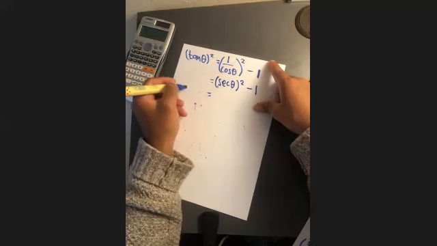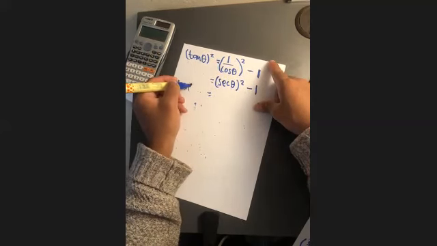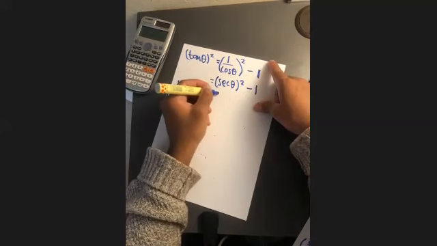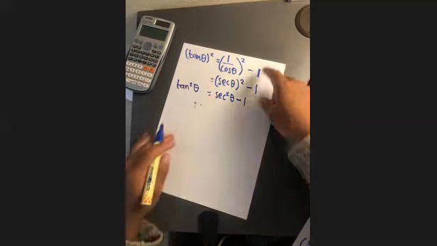And then we know that if you remove the brackets, the tan squared of theta is equal to the sec squared of theta minus 1.